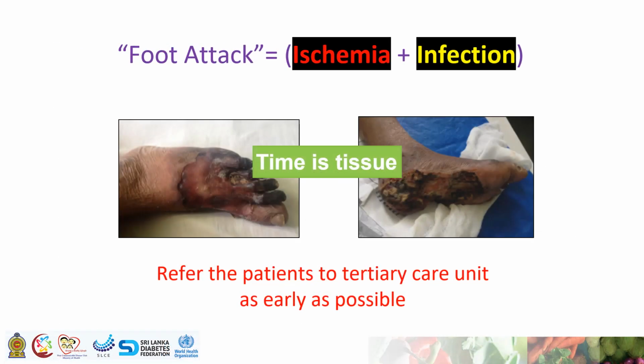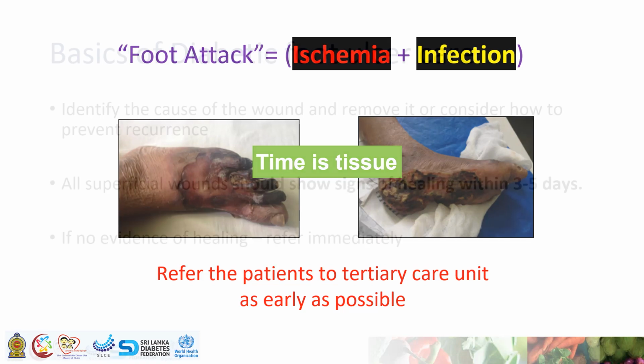Presence of ischemia and infection in combinations can be a rapidly progressing condition which could result in rapid loss of tissue. This is also called foot attack because if not treated promptly, a major amputation could be inevitable. Therefore, refer these types of patients immediately to a vascular unit directly without delay.